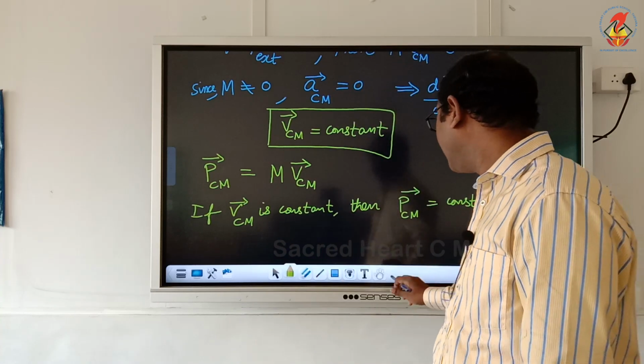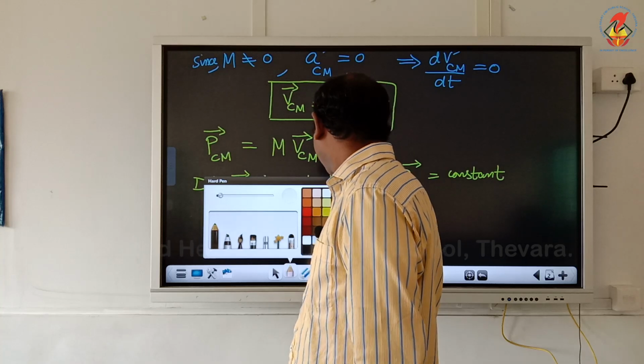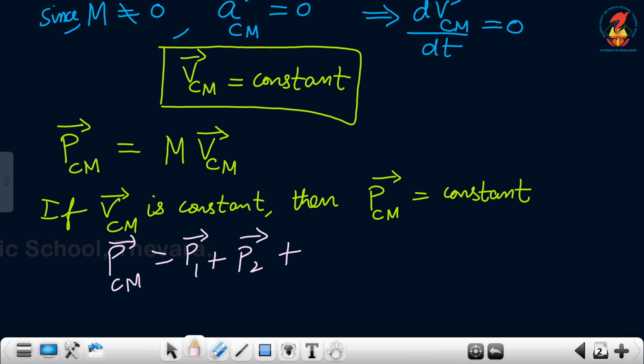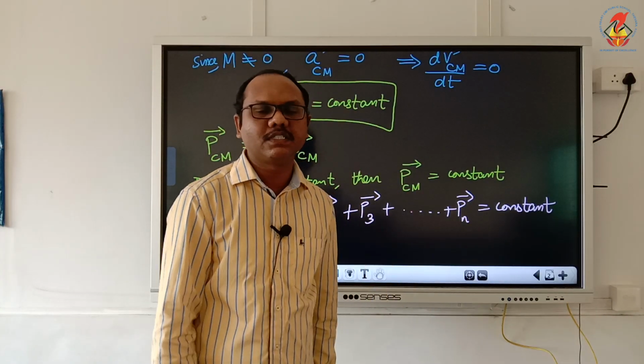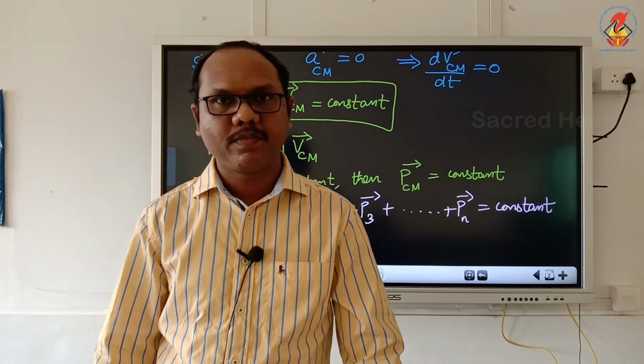So, I will be writing like this: total momentum PCM is equal to P1 plus P2 plus P3 plus etc. plus Pn is equal to constant. So, this is called law of conservation of linear momentum.